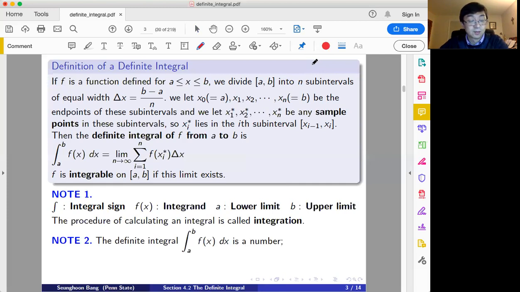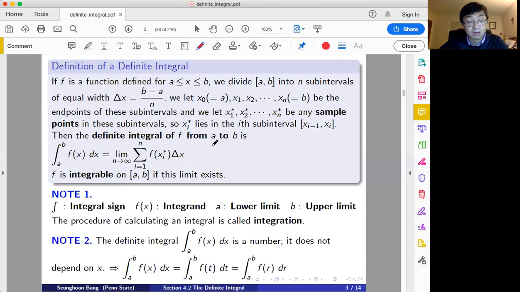Second note, the definite integral is a number. You can calculate this limit value. It is a number, so it does not depend on the variable. So integral from a to b of f of x dx, integral from a to b of f of t dt, integral from a to b of f of r dr, the integral doesn't change.